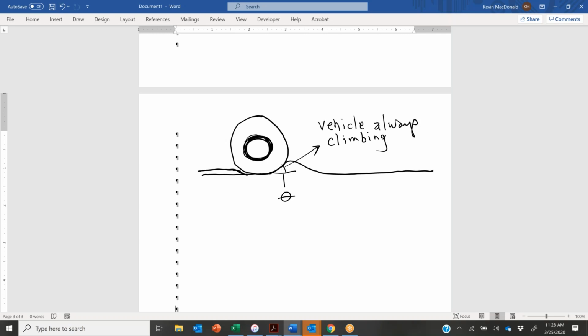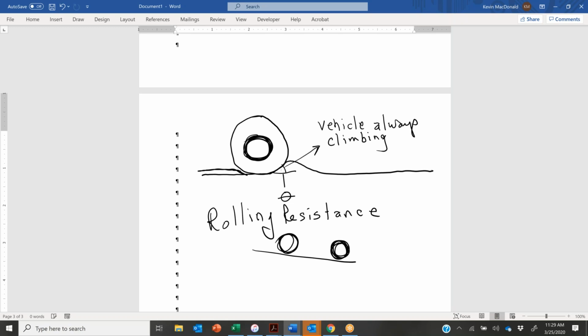And so we have what is referred to as the rolling resistance. You've all experienced it in the past. If you park a vehicle and it is in neutral, but the wheels are free to turn, it has to get up to a certain slope before it will roll along that subgrade.